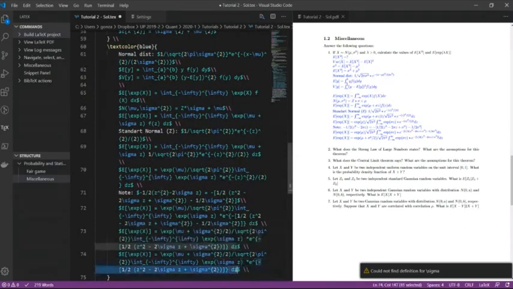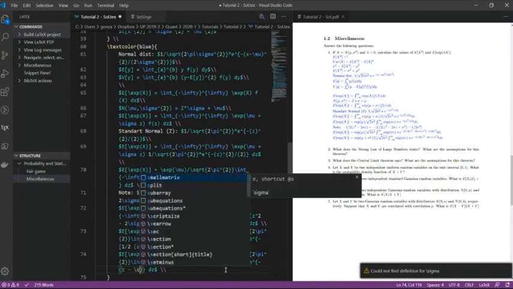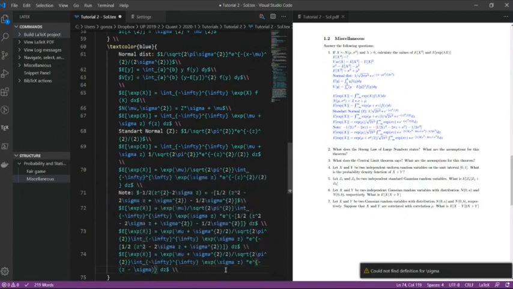So over here, what we have now is minus z minus sigma, all of that squared. And I forgot over here the 1/2.